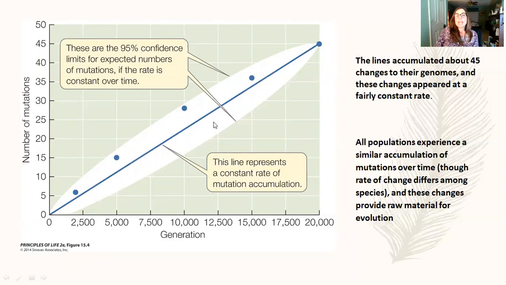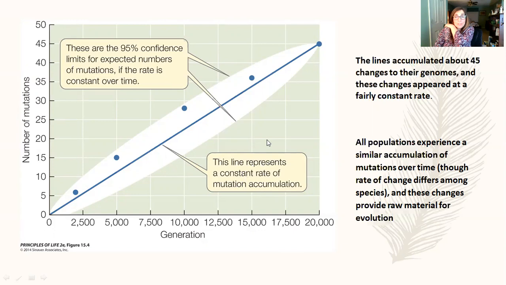So it seems like there was a pretty constant rate of mutation in the population over time. And what they've found since then is that all populations, not just bacterial populations, tend to experience a similar accumulation of mutations over time, but they don't all obviously occur this quickly.